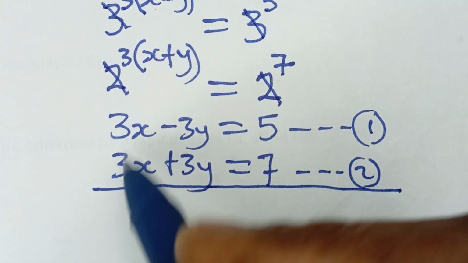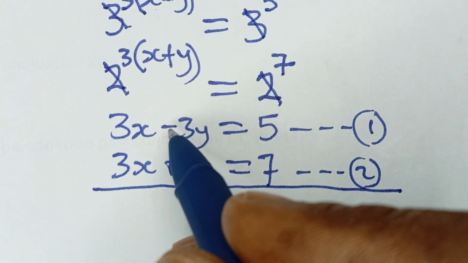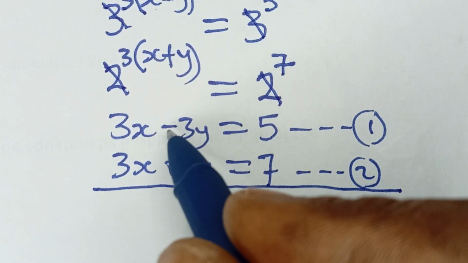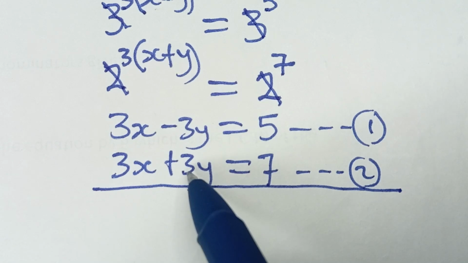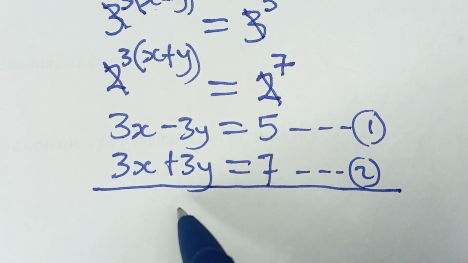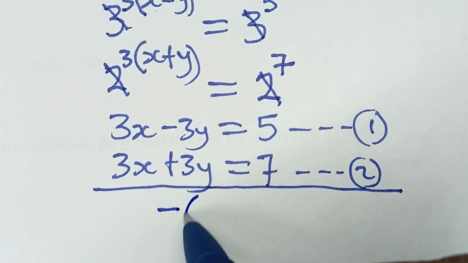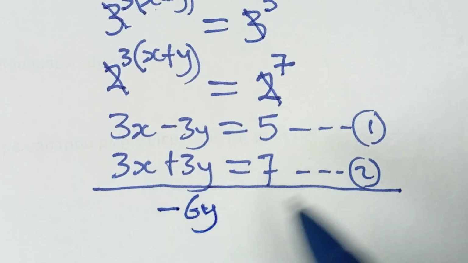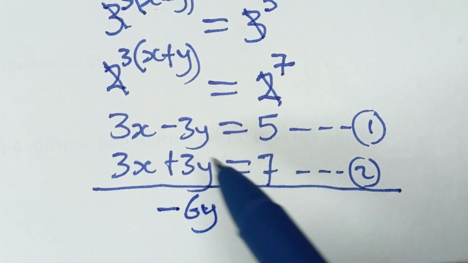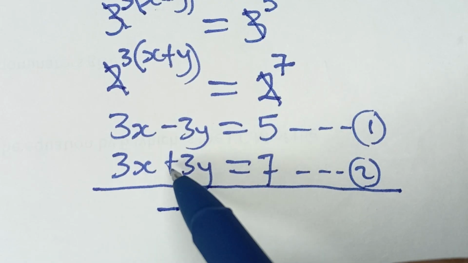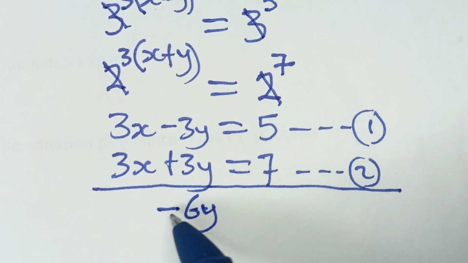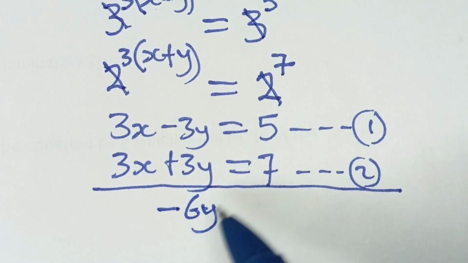We are subtracting, so this minus this. So negative 3y minus positive 3y will give us negative 6y. Sorry, I'm confusing the two terms now.